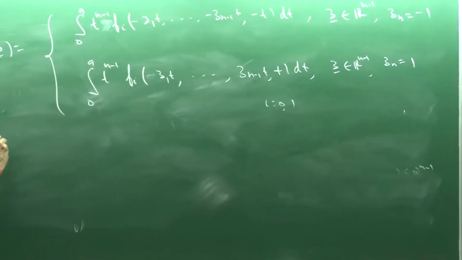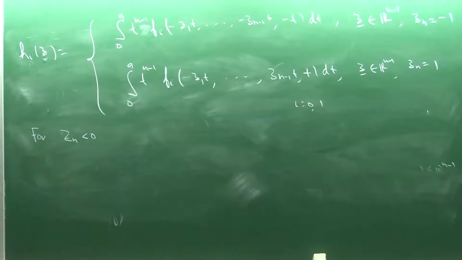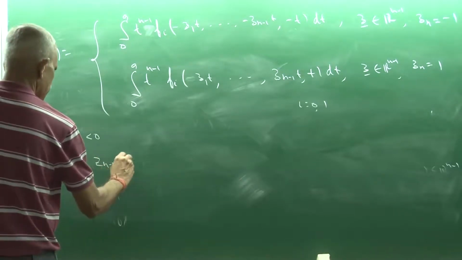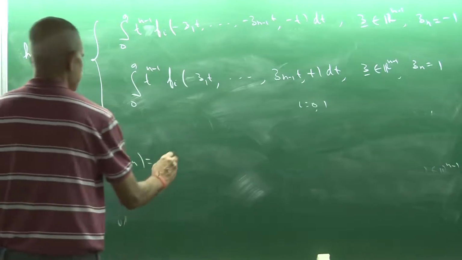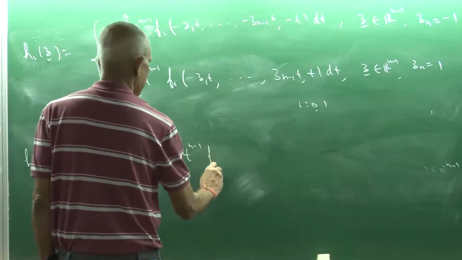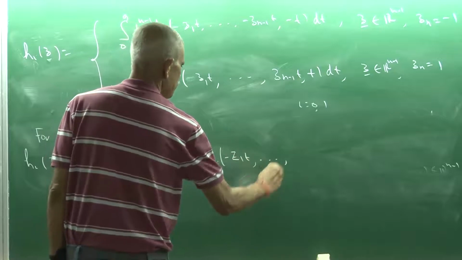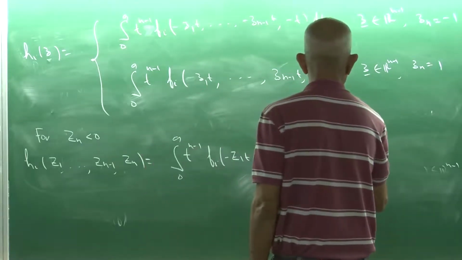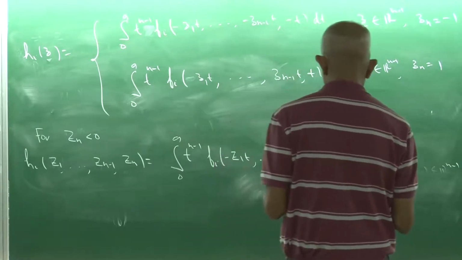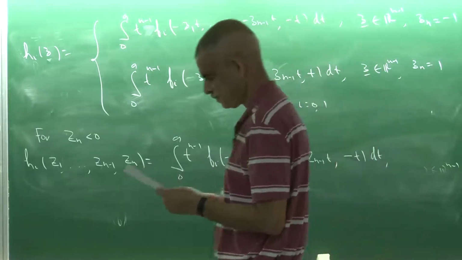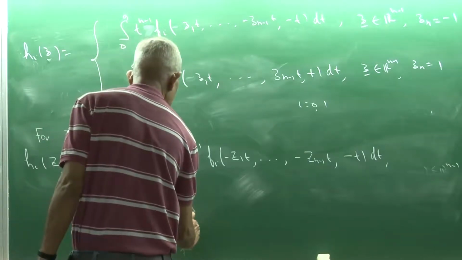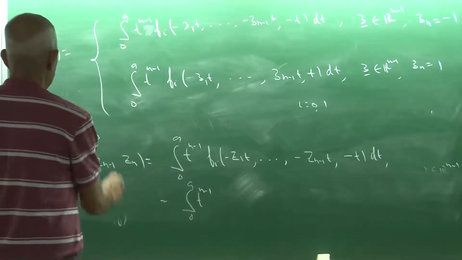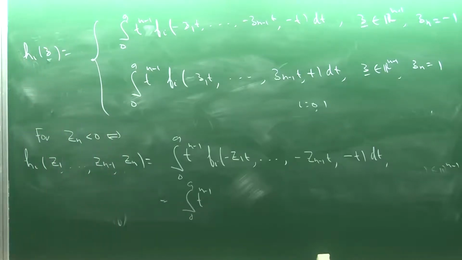But for zn less than 0, that is this situation, h1 of z1, z2, ..., zn minus 1, zn is nothing but the integral from 0 to infinity of t to the power n minus 1 times phi of minus z1 t, ..., minus zn minus 1 t, minus t dt, which is equivalent to zn being negative, that is, zn equal to minus 1.